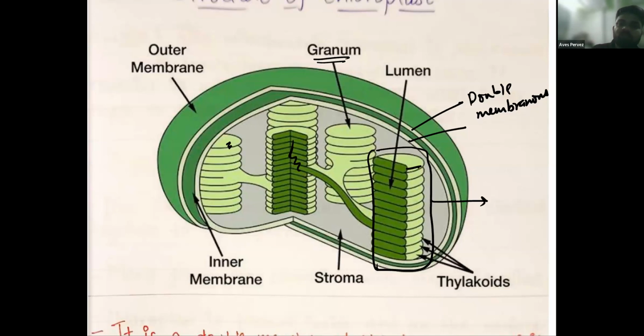Make the structure of chloroplast. You know that plastids are of three types: chloroplast, chromoplast, and leucoplast. The rough diagram is okay, right?